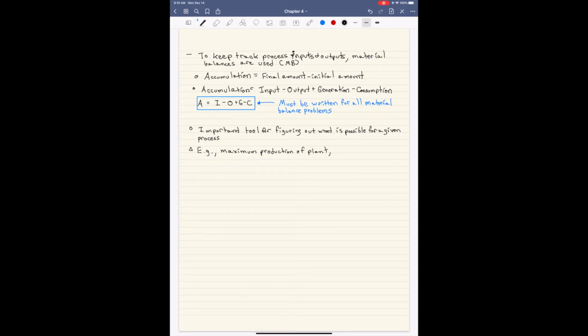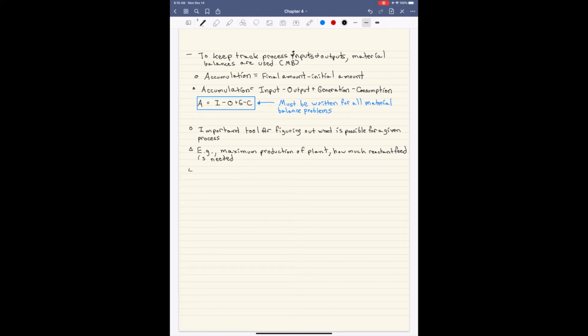Or, if you're designing a process, some sort of reactor, and you want to hit some sort of target flow rate for your product, you could use a material balance to figure out how much reactant you need to feed into the process. All right? And so you could calculate those things just from doing a simple material balance.